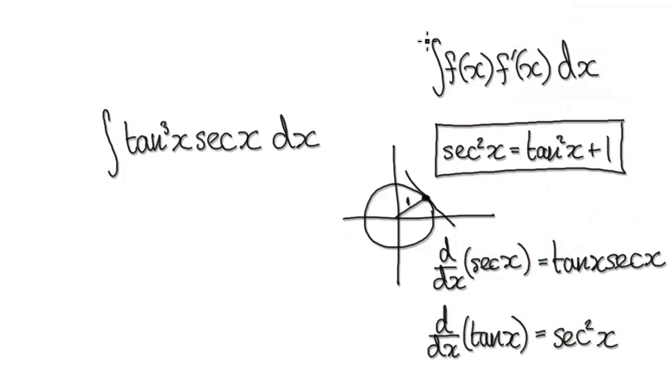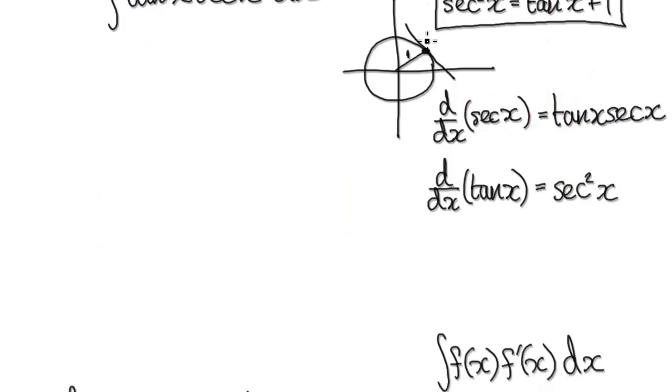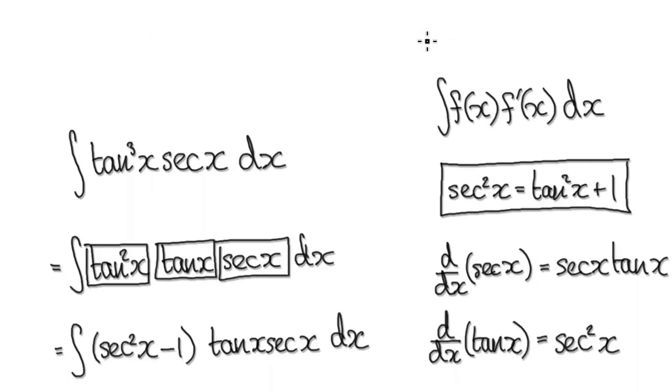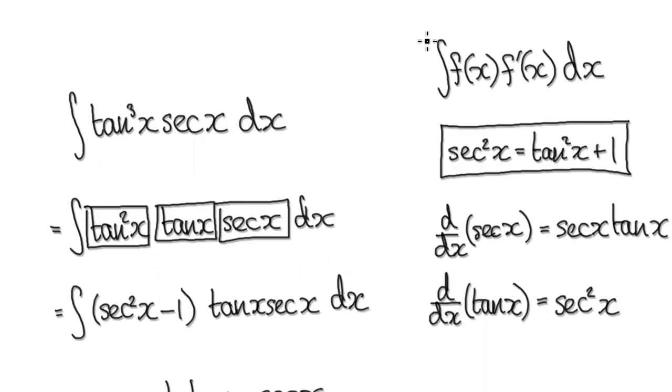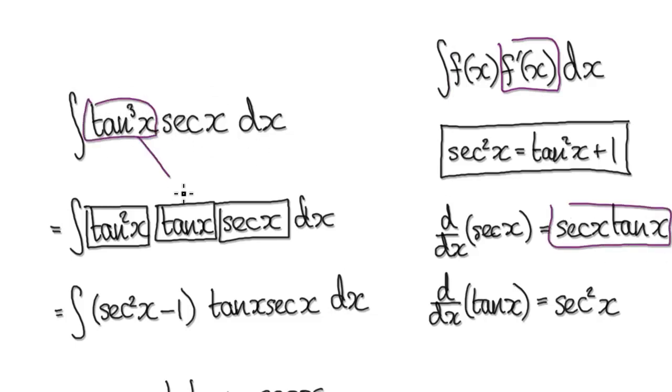Let's start again here. To integrate this, we should picture this in our minds. Write this f prime as this. Extract the tan block from here, and merge these two blocks together.